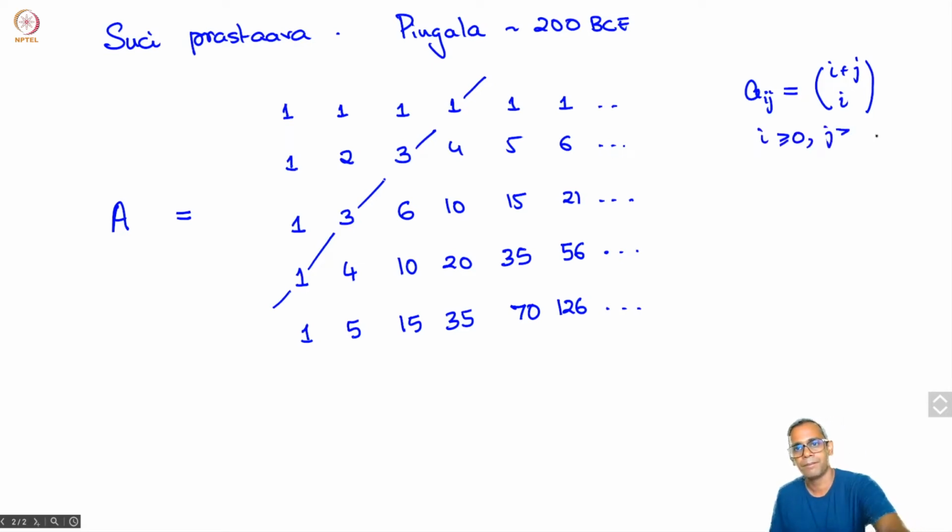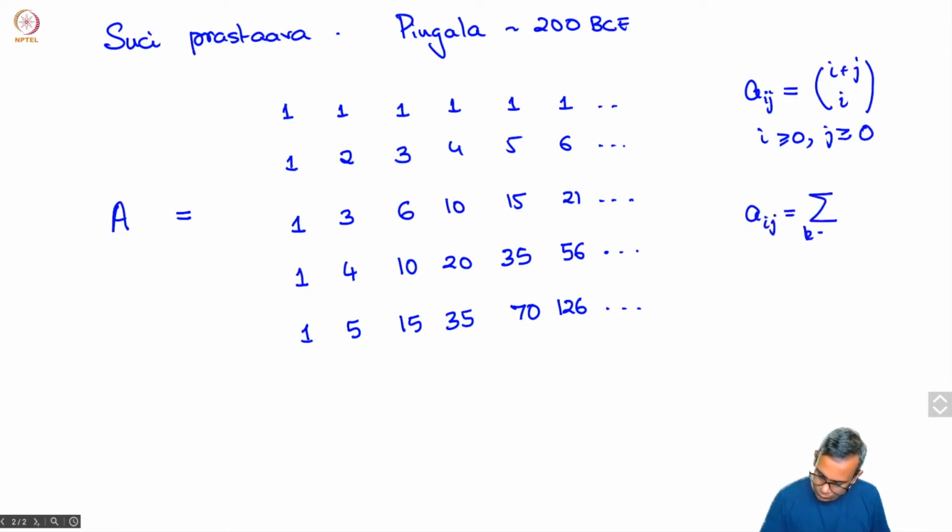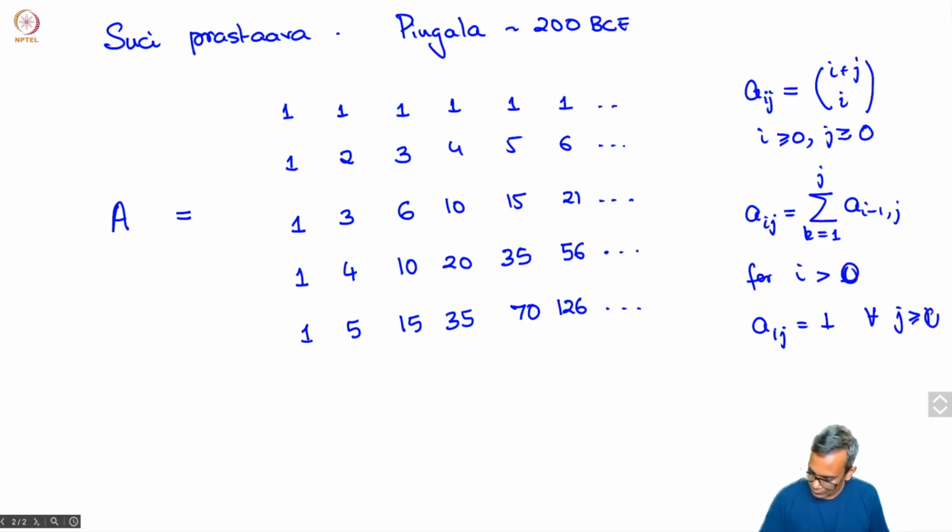And formally this array can be defined by saying that A_ij is the sum, k going from 1 to j, of A_{i-1,k} for i greater than 0, with the base case A_0j equal to 1 for all j greater than or equal to 0.